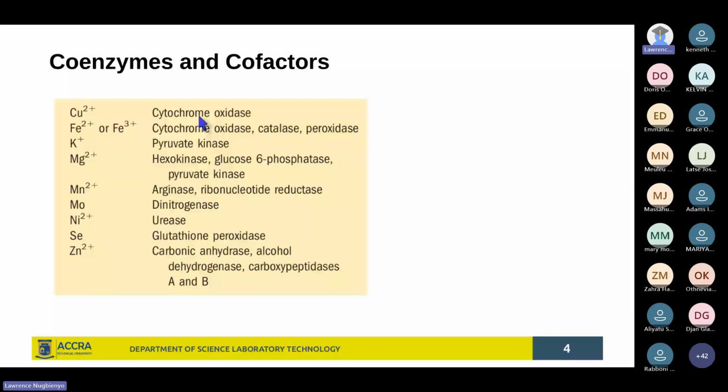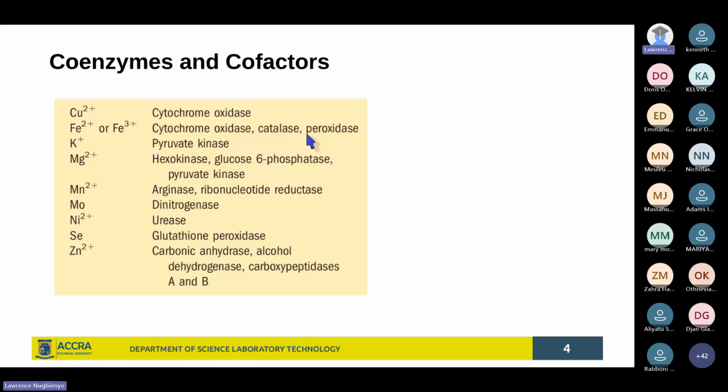Copper ions serve as cofactors to cytochrome oxidases, and in some of the same cytochrome oxidases you have ferrous and ferric ions serving as cofactors. So it's not something to actually be memorizing. These things are there, and you can easily refer to them if you need to work with any of these enzymes or metal ions.